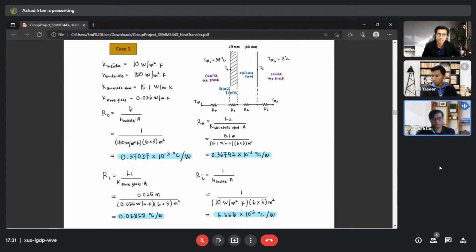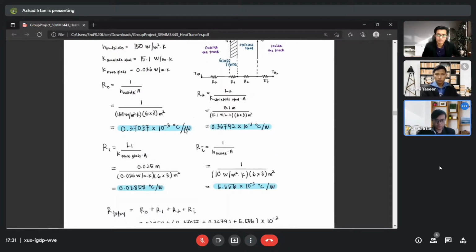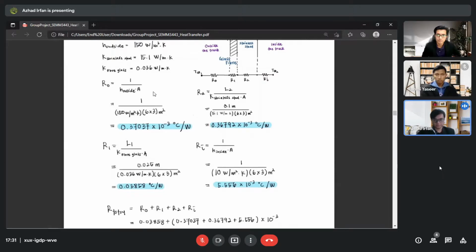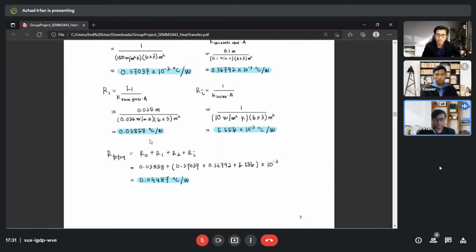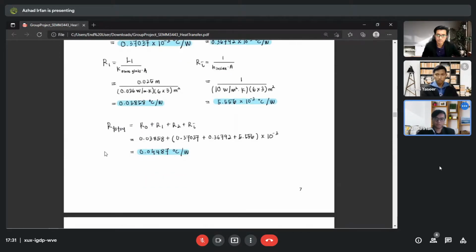Here we are going to find and determine the values of R, which are R outside, R1, R2, and R inside. So this is all the calculation here, and after we get all the values of R, we just add them and we obtain this value.